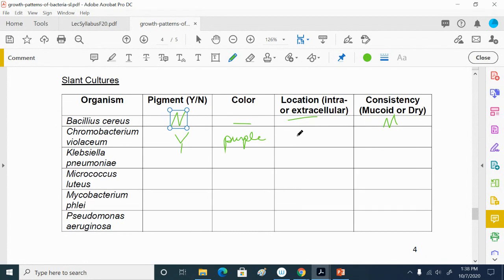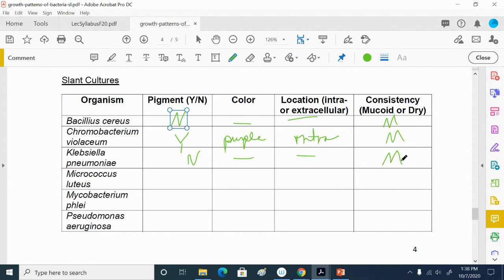And the consistency? Mucoid, right? Now, Klebsiella pneumoniae, again, no picture shown. It again is whitish looking. So typically, we say there's no definite pigment, so I said no color, no location. And Klebsiella is very slimy. So it's very, very mucoid.